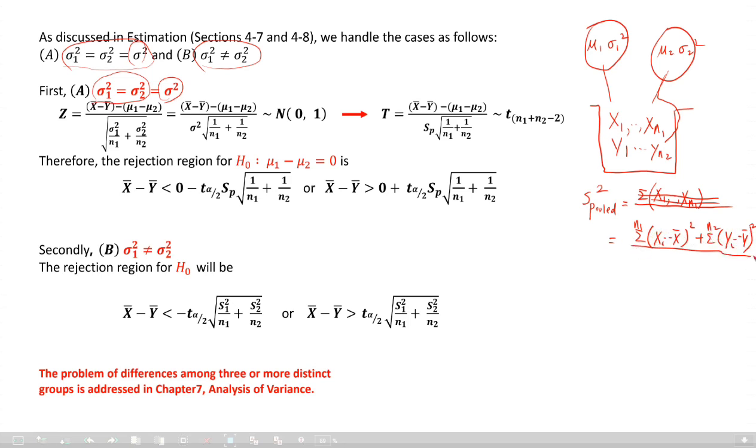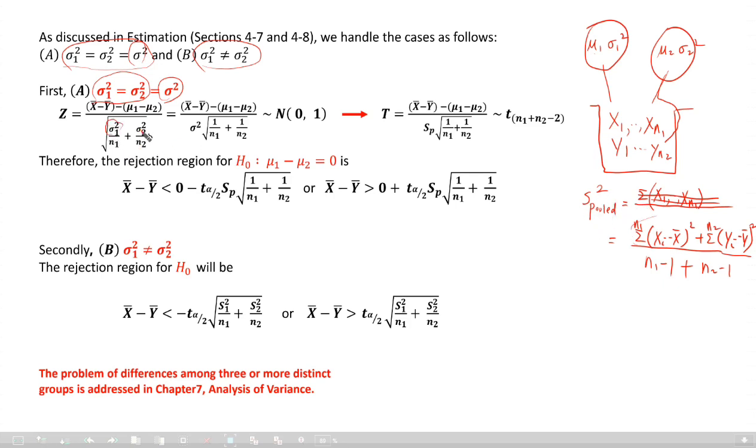And divided by what? Degrees of freedom. How many degrees of freedom here? n1 minus 1 and n2 minus 1. X and y are independent groups, right? So n1 minus 1 plus n2 minus 1 is the degrees of freedom for this pooled estimator. We will use the pooled estimator here.